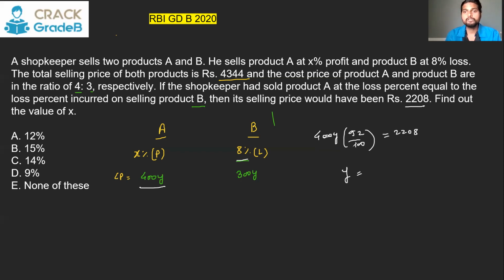It is going to be easy. 0, 0 gets cancelled. This is 4, 5 times, 5 times, 2 times. And it is going to be 6 times. So y will be equal to 6. So if y is 6, cost price here is going to be 2400 and cost price here is going to be 1800.